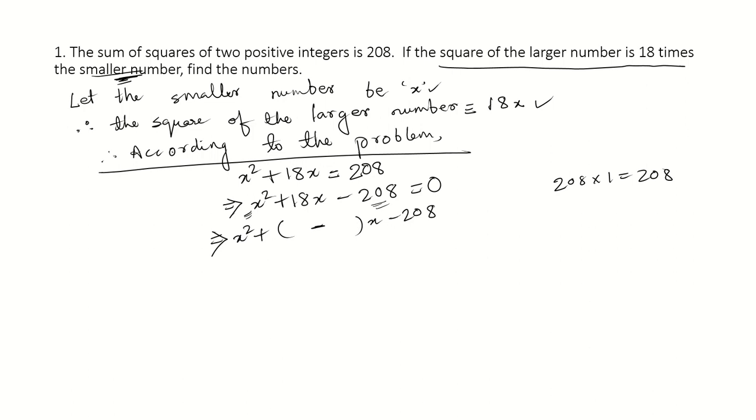Let's find the factors of 208: 104, 52, 2 to the 4, 2 times 13, so 2 to 4, 4 to 8, it is 16.